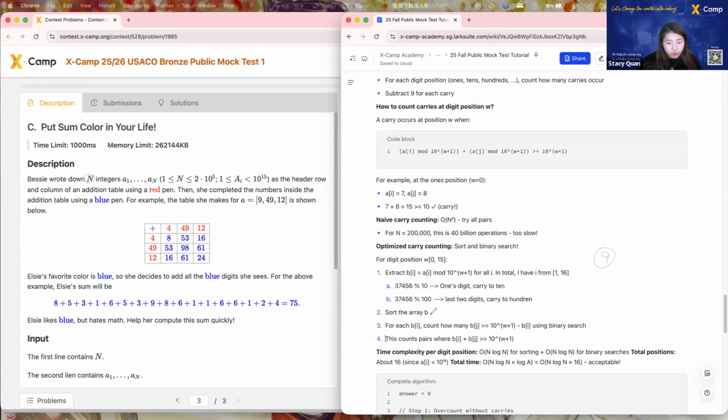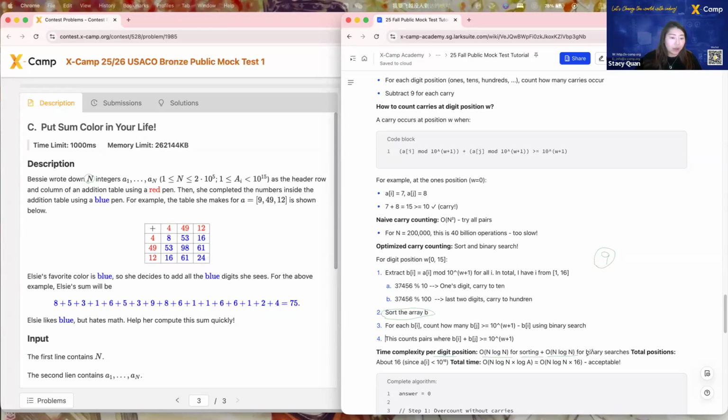First, you need to transform it into the ones digit, and then you need to store the ones digit array, that's all n times log n for the sorting. And then to find how many partners are actually greater than the threshold, for binary search, it's n log n again. So the total runtime for one digit position is n log n.